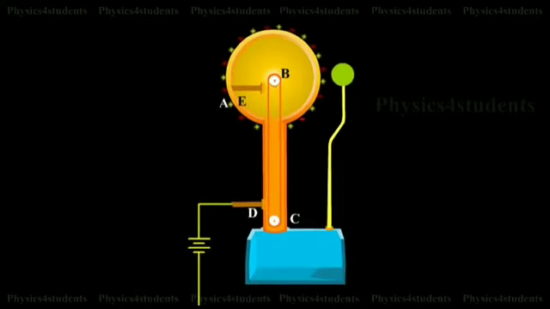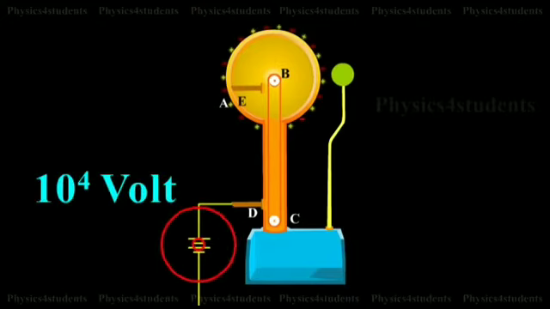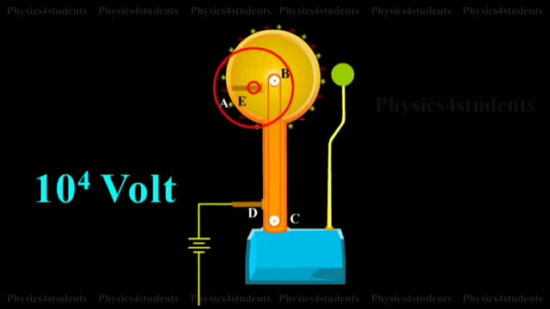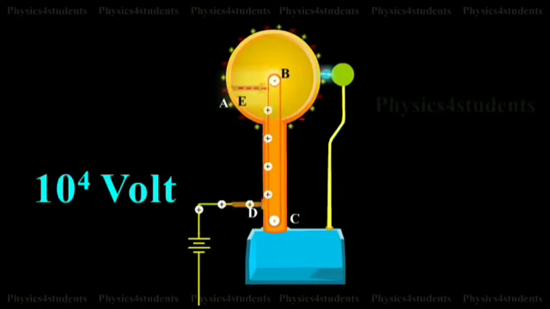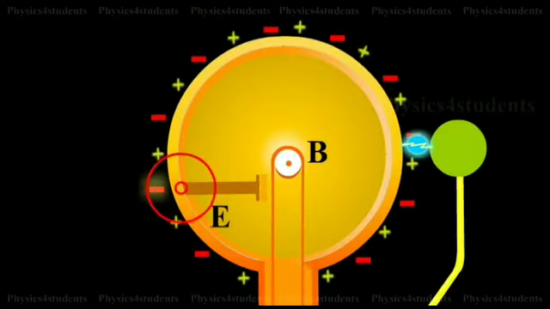Two comb-shaped metallic conductors E and D are fixed near the pulleys. The comb D is maintained at a positive potential of 10 power 4 volt by a power supply. The upper comb E is connected to the inner side of the hollow metal sphere.